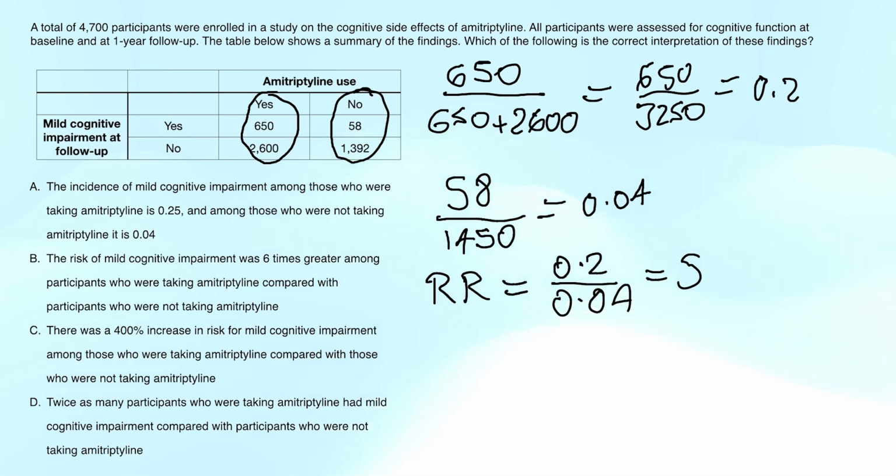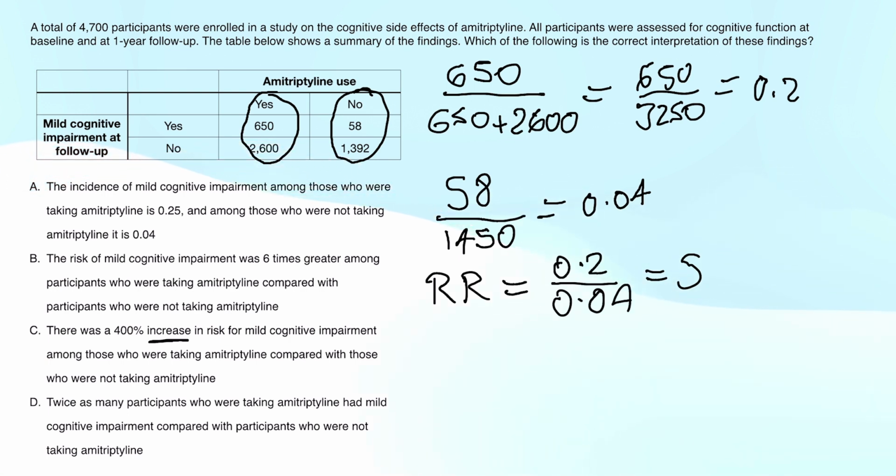It states that there was a 400% increase in the risk of mild cognitive impairment among those who were taking amitriptyline compared with those who were not. Notice that it says 400% increase in the risk. Now, if you think about it, we could assume that the baseline group who are not taking amitriptyline are 100%, and the group taking amitriptyline is 500%. Because as we said, the risk is 5 times greater because the relative risk is 5.